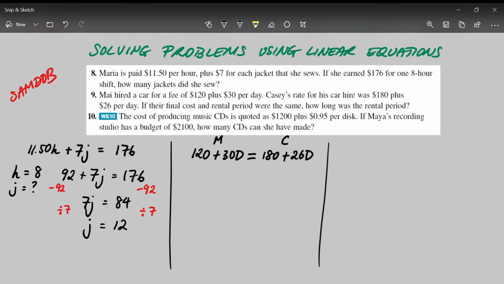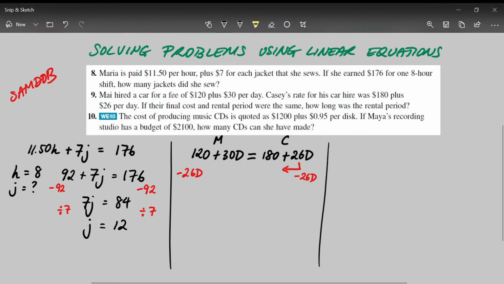We want to work out the value of D. Now we've got pronumerals on both sides, so we want to move things all to one side. Because 26 is less, I'm going to move that to the other side.